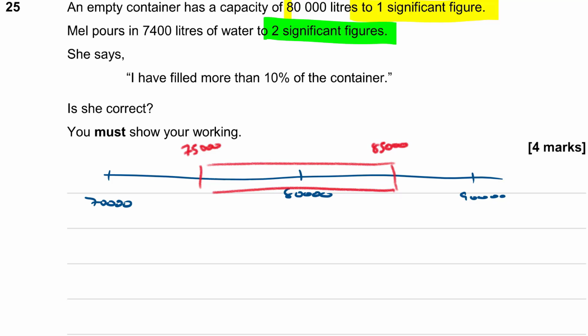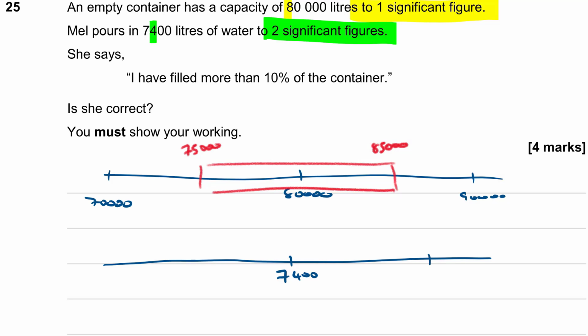Now next it says Mel pours in 7,400 litres of water correct to two significant figures. So the second significant figure of this number is that 4 there, the hundreds. So again I'm going to draw a scale, and I'm going to mark on the value that they've given us, which is 7,400, and I'm going to mark one above it on our scale.